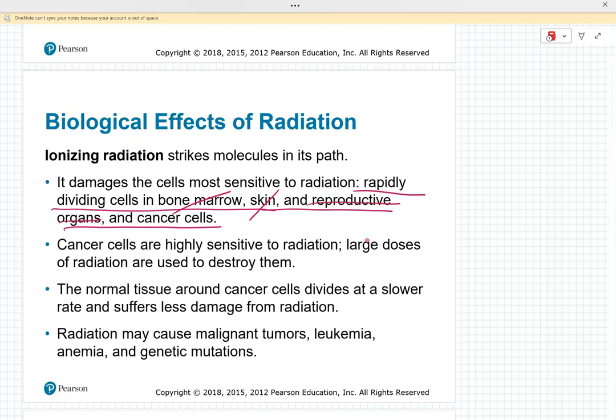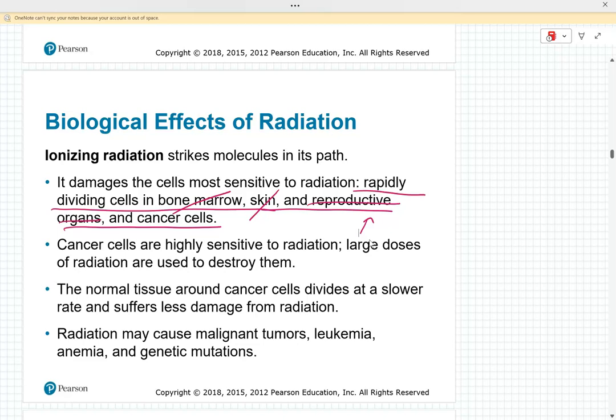The ability to produce, now this is mostly for men, because men churn out sperm cells by the million a day, is reduced, so it reduces the sperm count. But think about the lining of the stomach and intestine. Those cells divide rapidly because they're constantly damaged.